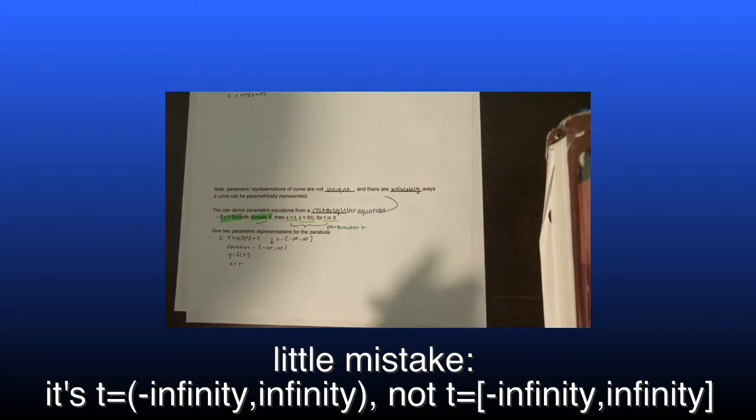Now that we have that, the pattern it follows is y equals f of t and x equals t, for t in X. So here's our t in X: t is in negative infinity to infinity. Now let's move on to y equals f of t. We're going to find the variable that we're replacing with t, and put t in its place.